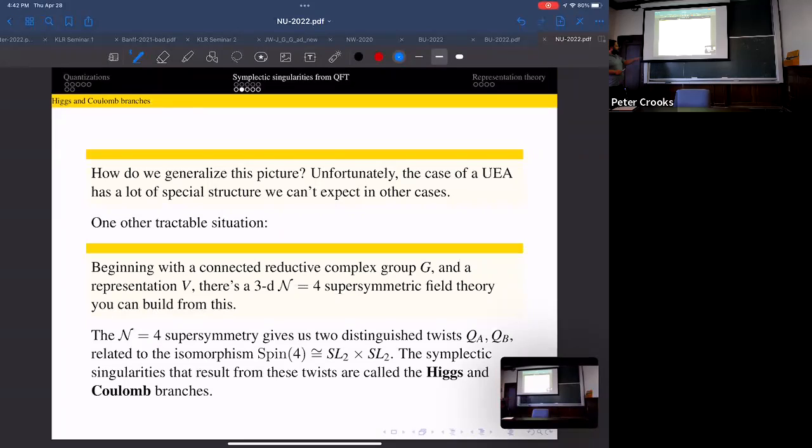There's one other tractable situation that comes from a relatively concrete example of one of these 3D field theories. That's the 3D N=4 gauge theory that comes from a complex group G and a representation we call the matter representation.